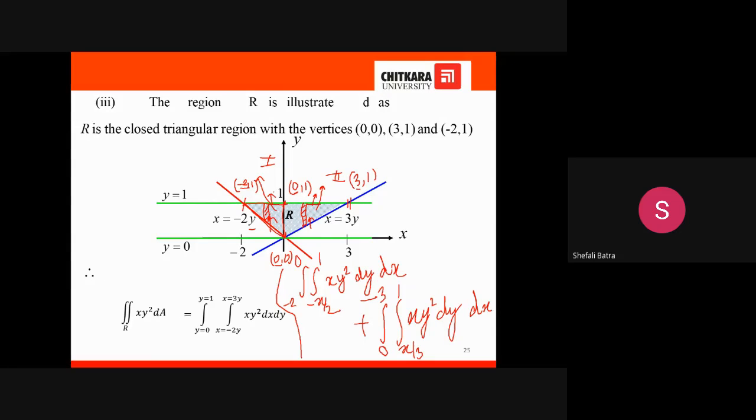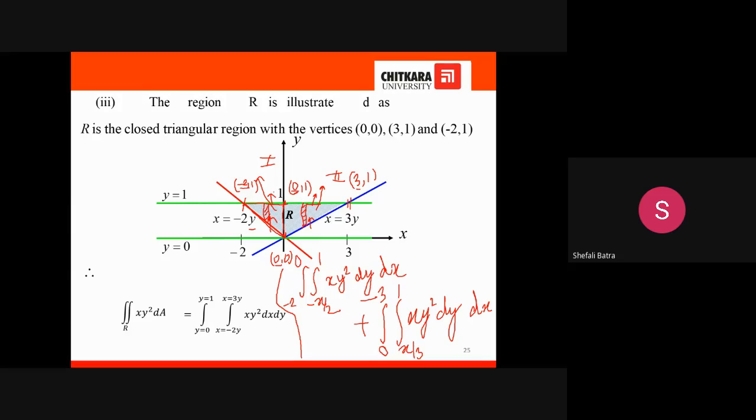You are writing here dy, so that is why we are making vertical strip. Vertical strip means you need limit of y, but that should be in terms of x. So you are writing here y is equal to minus x by 2, so minus x by 2 going up to 1. And when we are moving it along x-axis, what is the x coordinate here? Minus 2, and what is here? 0.